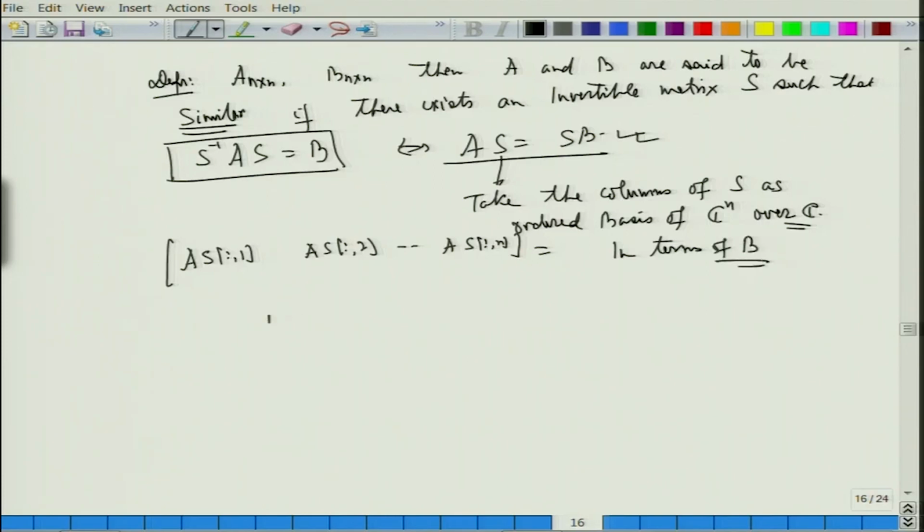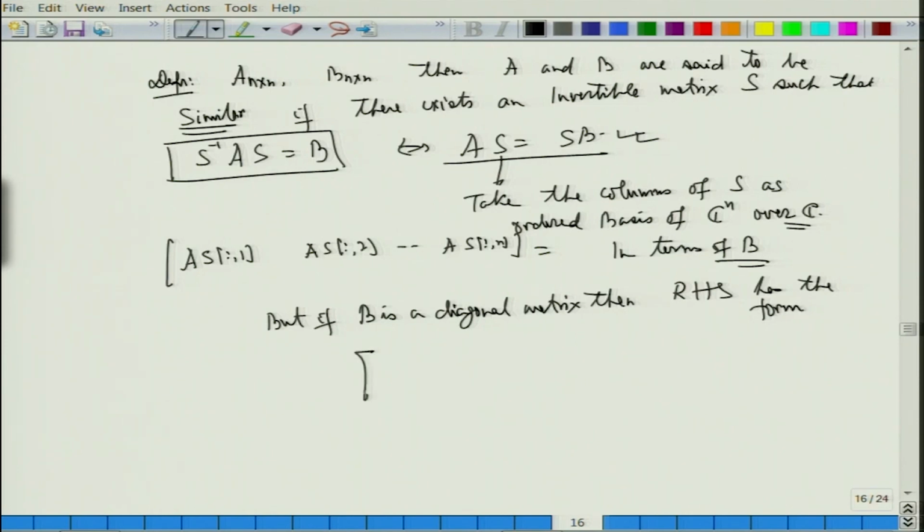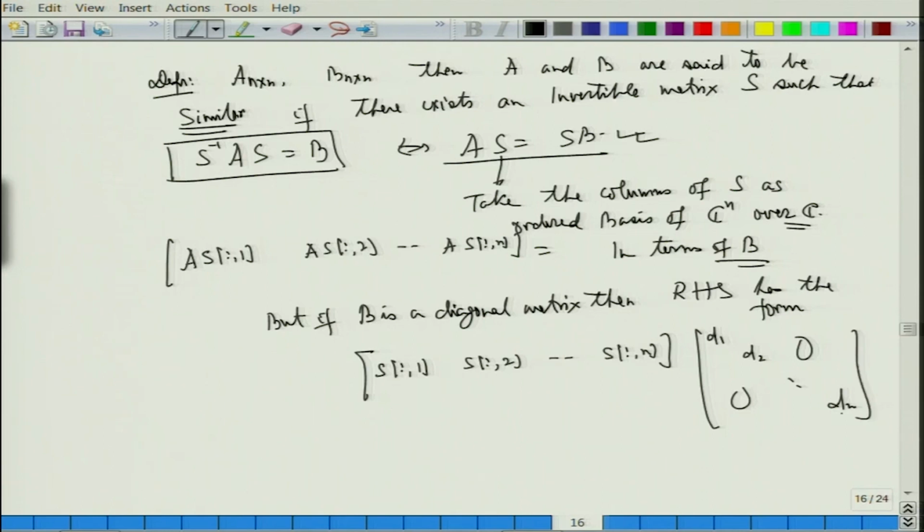But if B is a diagonal matrix, then RHS has a nice form. RHS has the form, all right. So, S I am looking at the first column, the second column, the nth column, and then I am multiplying by a diagonal matrix, say D1, D2, Dn, 0 here, 0 here.